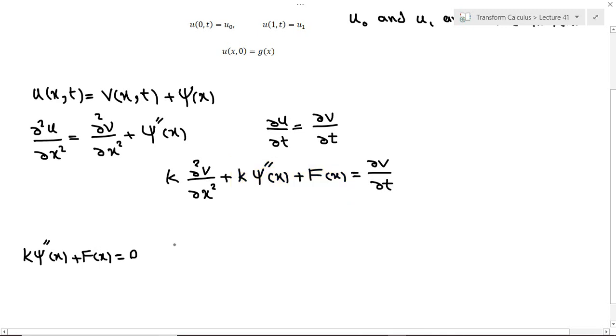Because if k psi double prime of x plus f of x is equal to 0, then what is left in the equation is k times the second derivative of v with respect to x, which is equal to the derivative of v with respect to t.